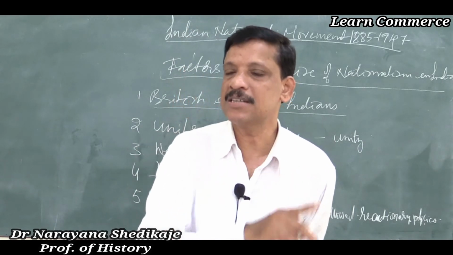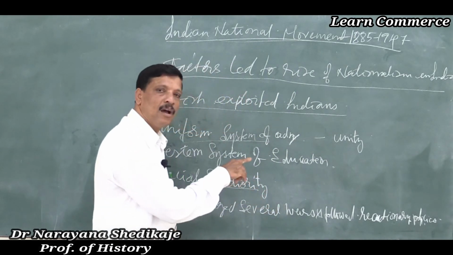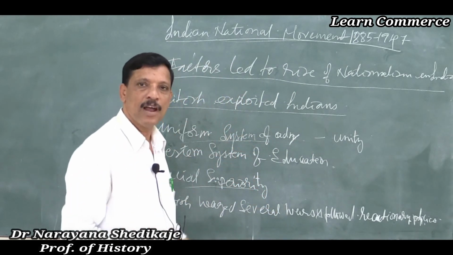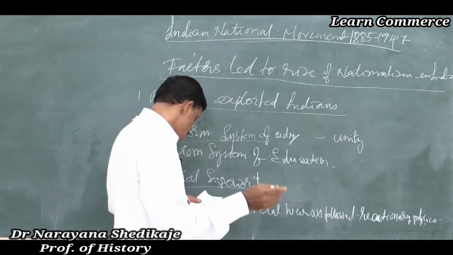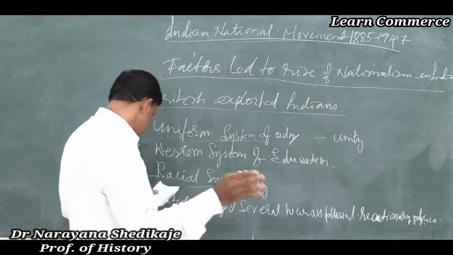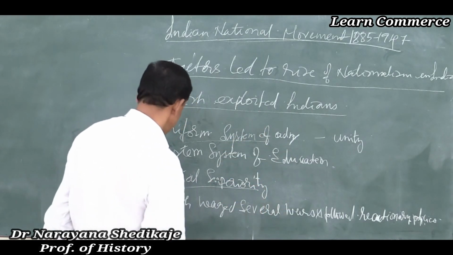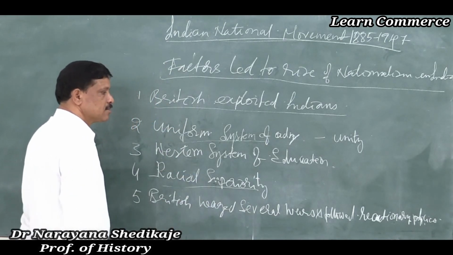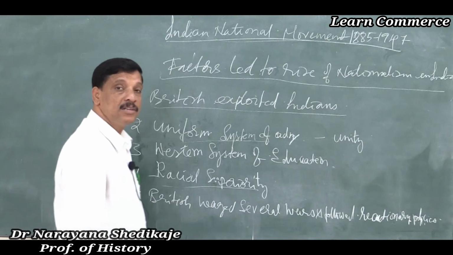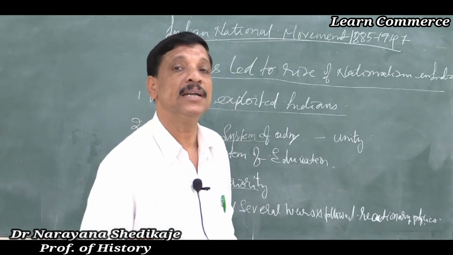This subsidiary alliance system, the doctrine of lapse, Calcutta University, all these various things led to disgust among Indians, and this is another important cause for the rise of Indian nationalism.